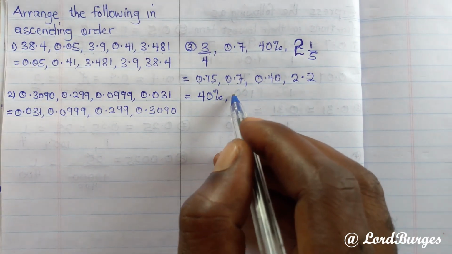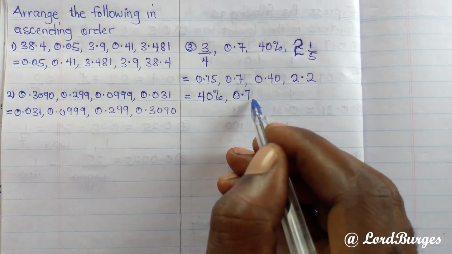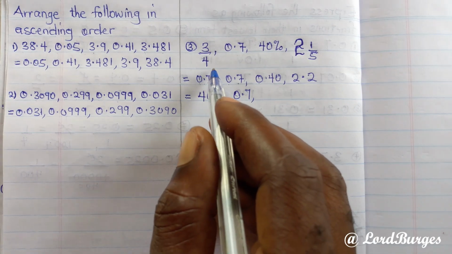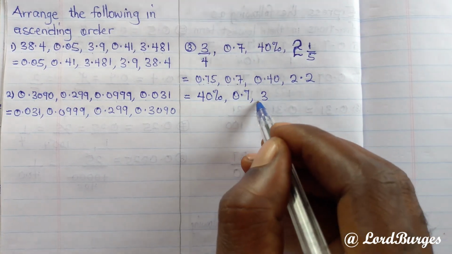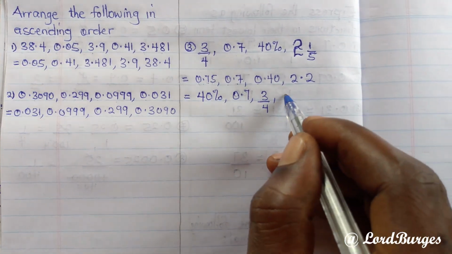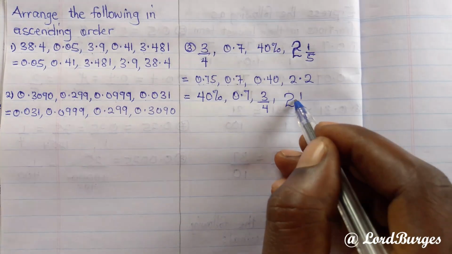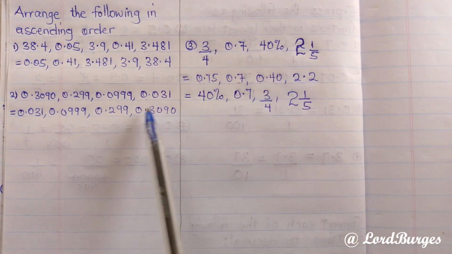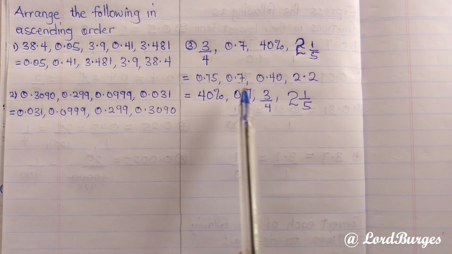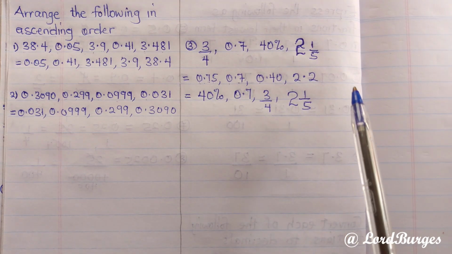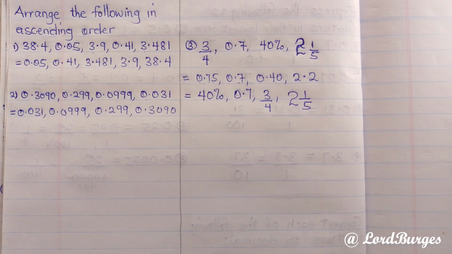So the next in line is the 0.7, followed by the 0.75, which is 3/4. Then followed by the 2 point 2, which is 2 whole number 1/5. So anytime you are given mixed up values, which are all not decimals, change all of them to decimal, then do your comparison and replace them with their original values.